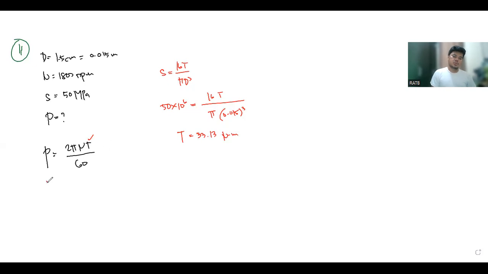Substituting directly, that's 2 pi n, which is 1,800, times 33.13 over 60.